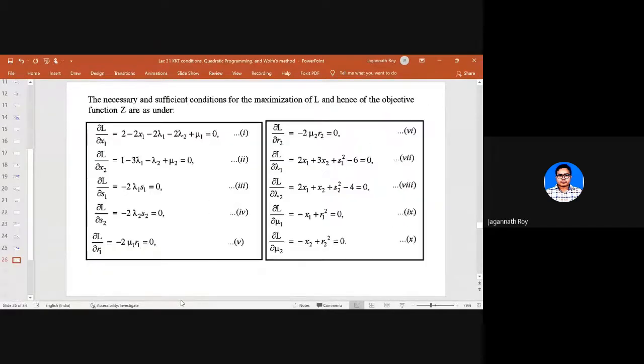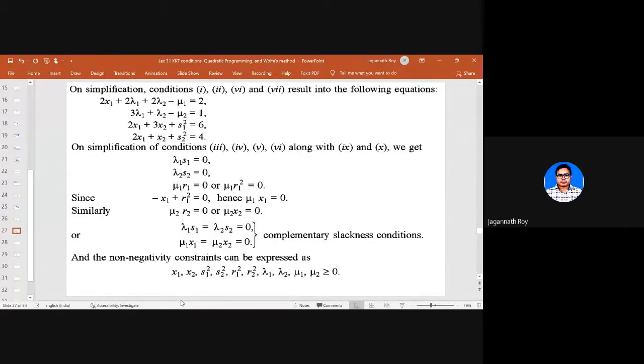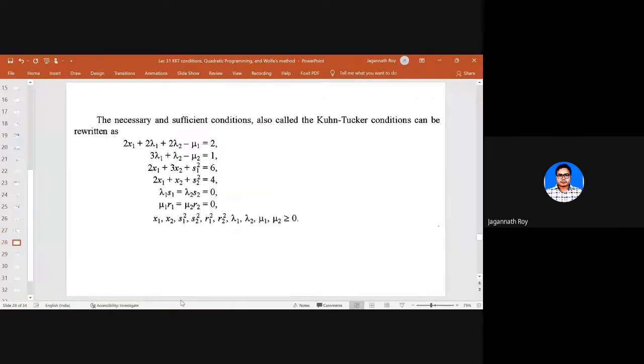Now if you simplify and make them 0, we will have 10 linear equations, and then we again simplify after using the complementary slackness conditions. So the problem now reduces to this form.